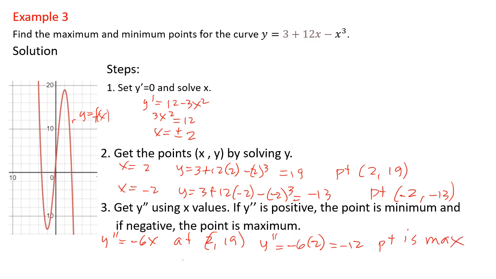The other one is minus 2, minus 13. So y double prime equals minus 6 times minus 2 equals 12. The point is minimum since positive.